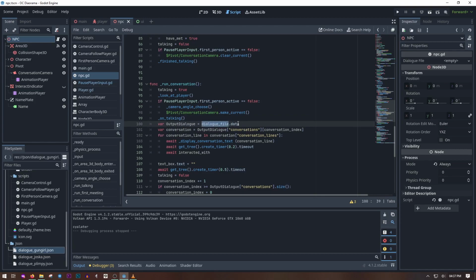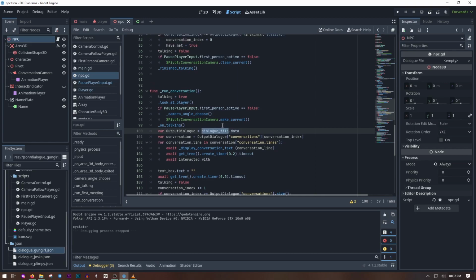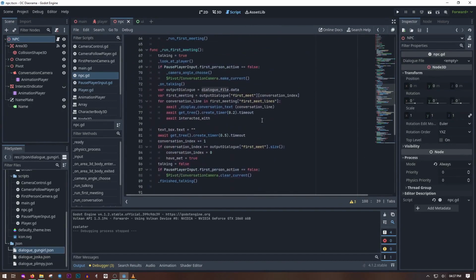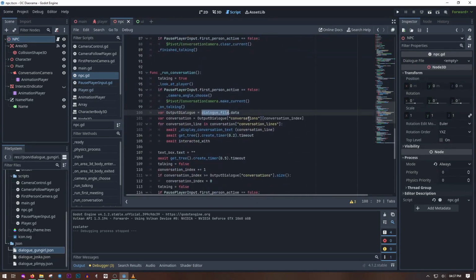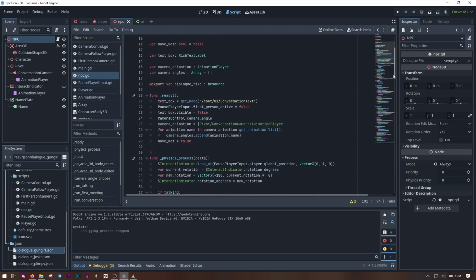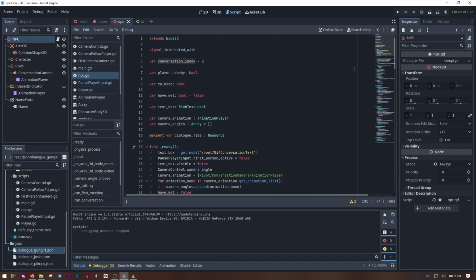So dialog file data. So dialog file is the resource up there. So what it does, that's also there. Output dialog equals the data from the JSON file. So conversation equals output dialog conversations conversation index, and the conversation index is 0 by default.